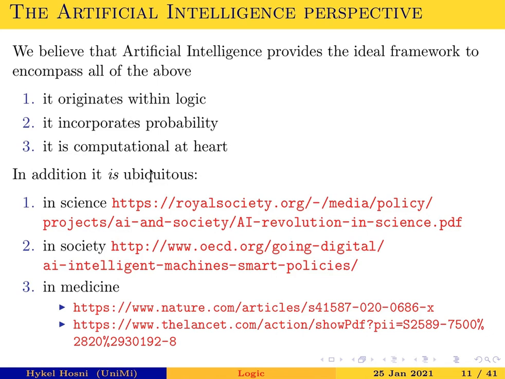This is a 3-4 page paper by the Royal Society, which illustrates what the title says: AI Revolution in Science. I think it's edited by the Alan Turing Institute, but anyway, in combination with the Royal Society. So really, AI revolution in science.